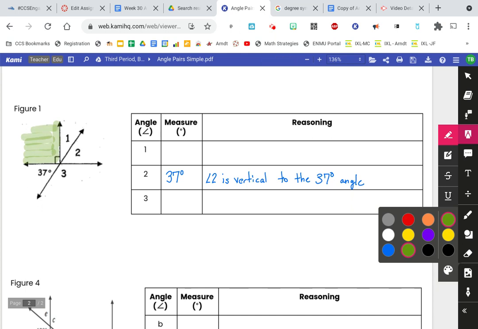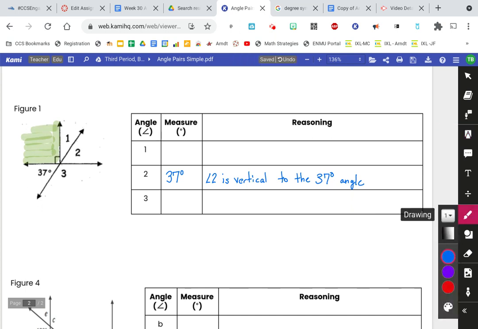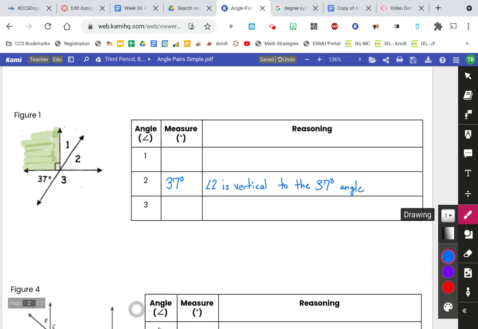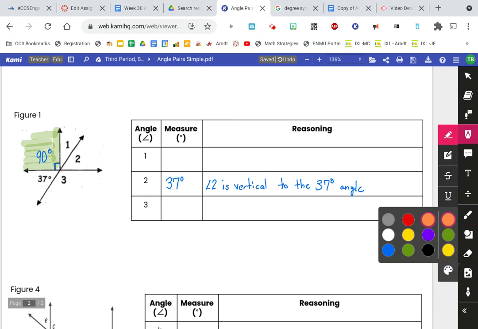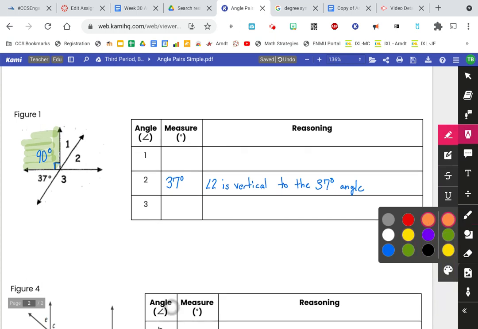And the way I can tell that is a 90-degree angle is because there is a little box in the corner, and that little box is telling me that that is a 90-degree angle. So I also notice that there is an angle right here.